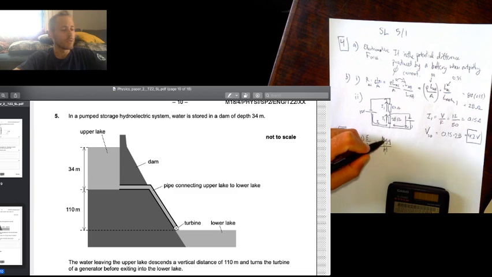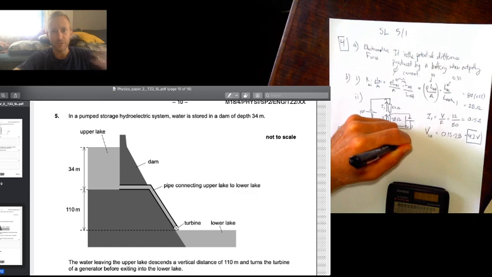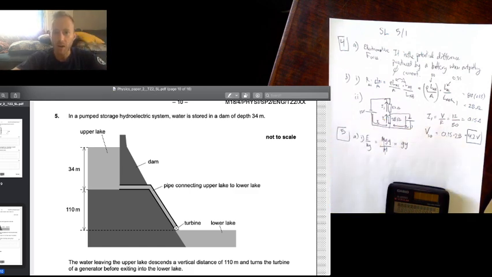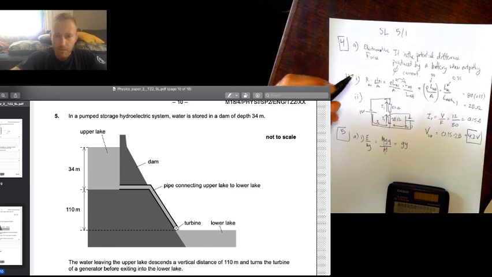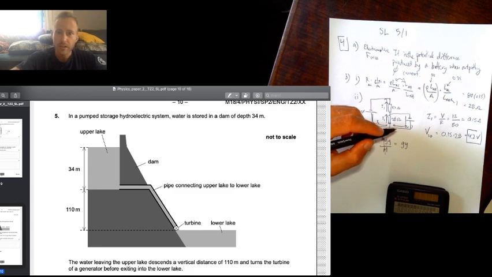So really the specific energy is just g times y, where y is the average height of the water. If we look at the average height of the water, it would be the middle of the upper lake. That's going to be the average elevation of the water that gets down to the turbine.